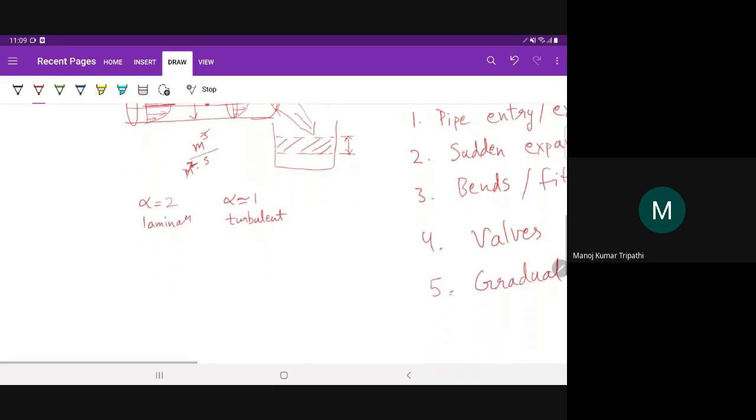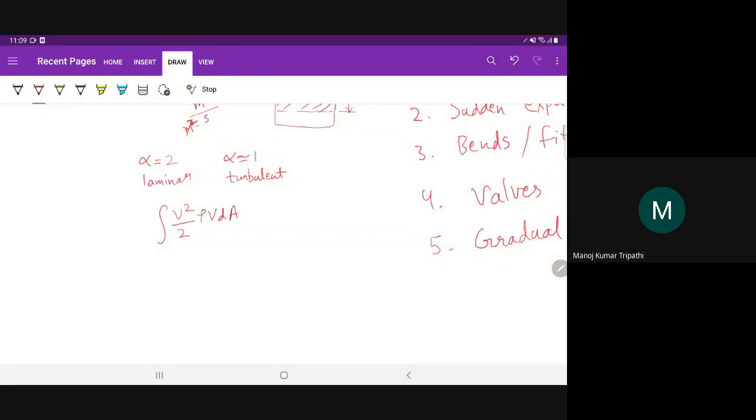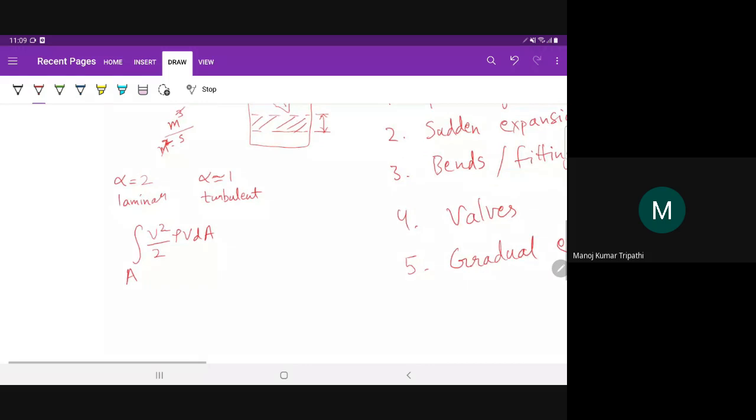We can integrate, we can take a small cross sectional area dA, small element in that cross sectional area, integrate it for that entire cross sectional area at point 1. Okay, and this should be equal to something that we are writing in terms of average velocity.